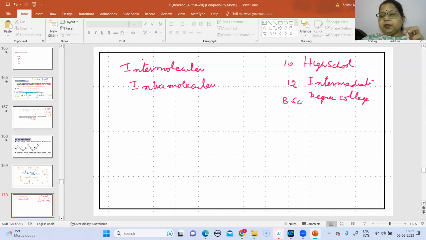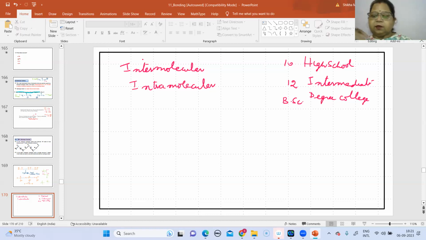So inter means it is in between high school, which is very low grade in terms of being educated. High school is the first point in the ladder of learning. Then comes the intermediate, then comes the degree.